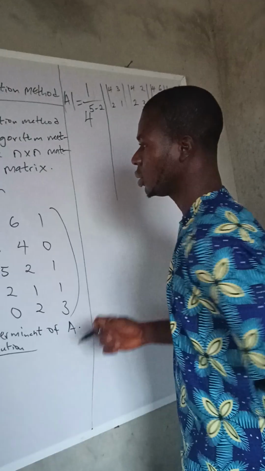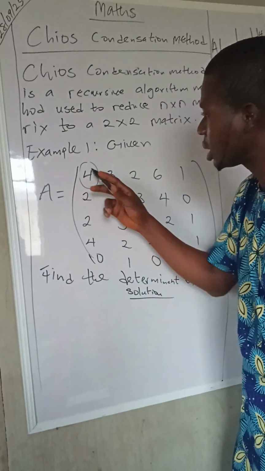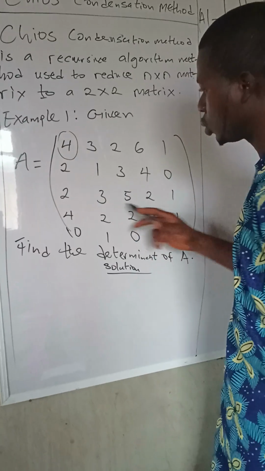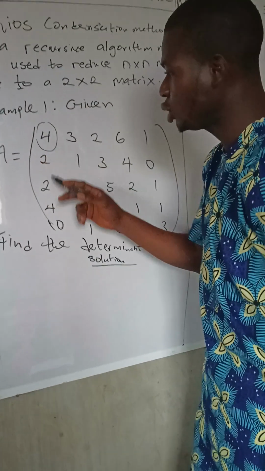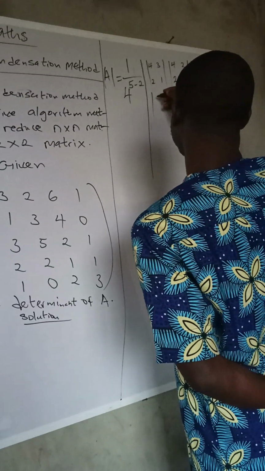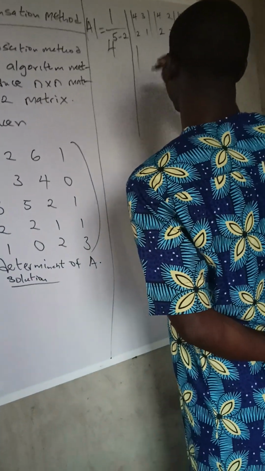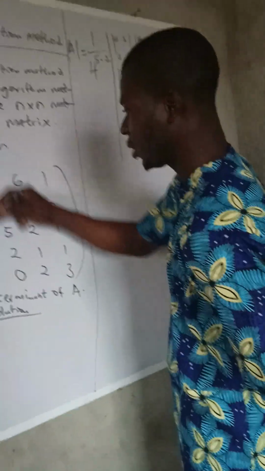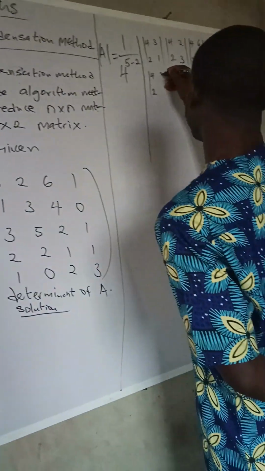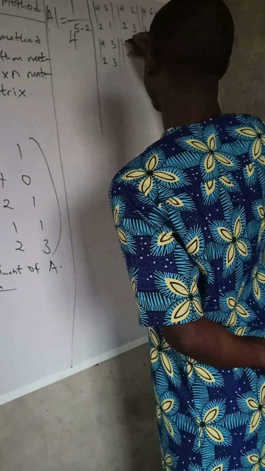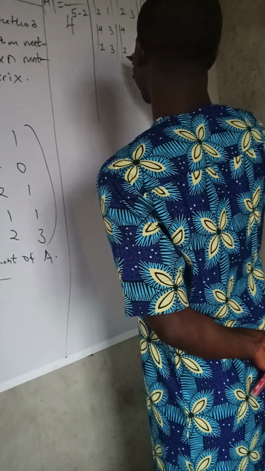So we continue. Now we are using the pivot and then this third row. Now we have 4, 2 again, because we are going to reduce this matrix to a 4 by 4 matrix. 4, 2. Then we have 3, 3. We are still using that 4, 2.